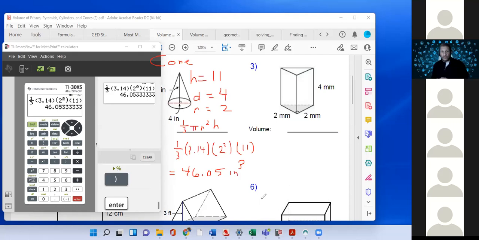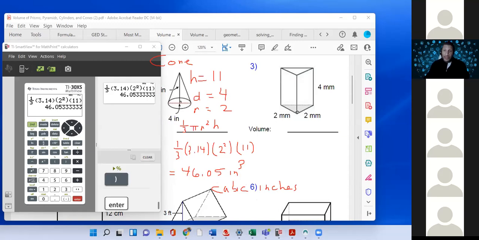Oh, because it's in 3 dimensions, right? Remember, when we talked about area, it is squared. When we talk about volume, since we have 3 dimensions, it's to the 3rd power, or cubic inches. That's how you do the volume problem.